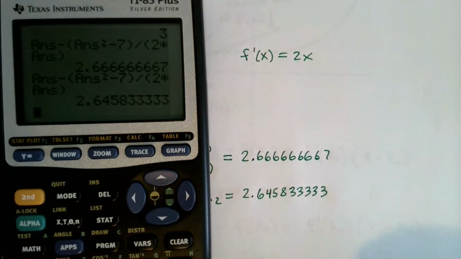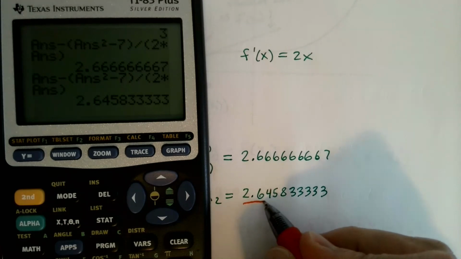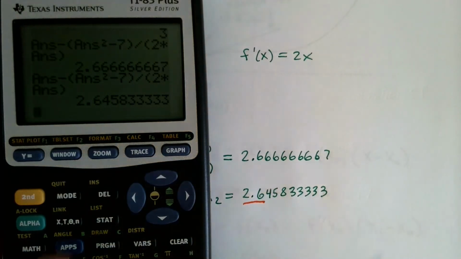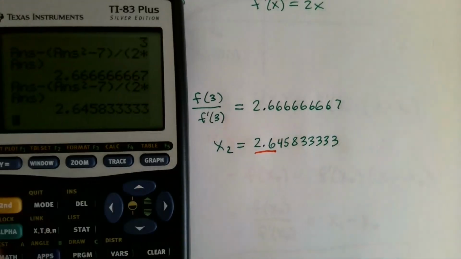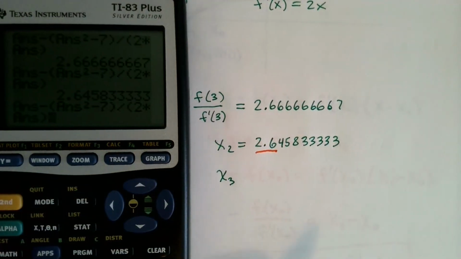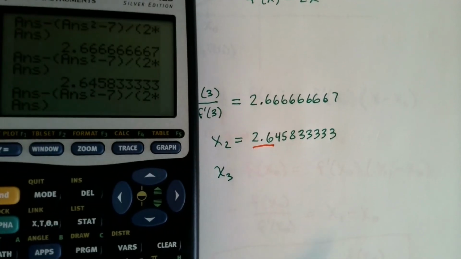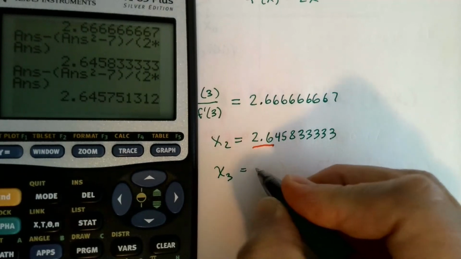2.645833333. Okay. So again, I'm only accurate, looks like, to potentially the first decimal place. Again, we're going to the 7th decimal place in this one, right? Estimate the root to the 7th decimal place. But we know the trick from now on is to simply hit entry in the calculator, to recopy that, plug in the new x of 2 in, and there's our x of 3.